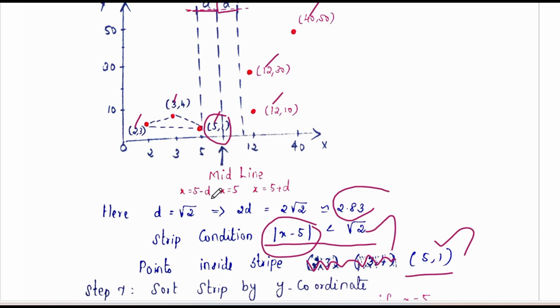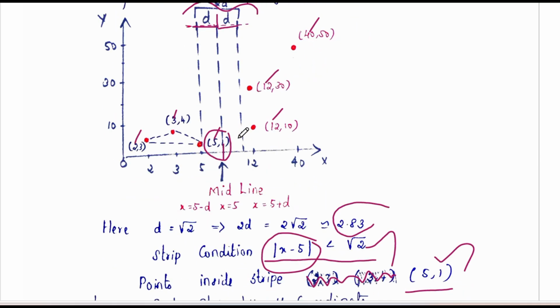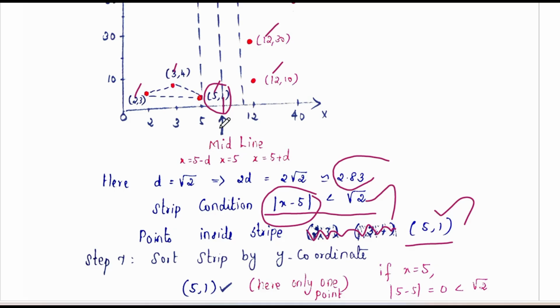The midline is x equal to 5, so the stripe runs from x equal to 5 minus d to x equal to 5 plus d, right? Likewise you get the values.